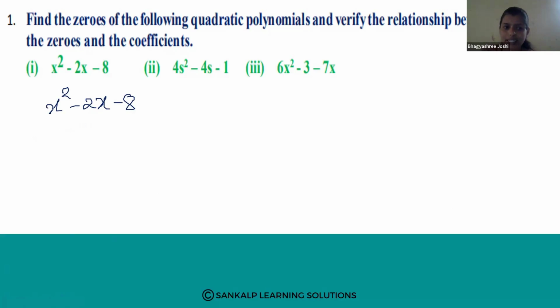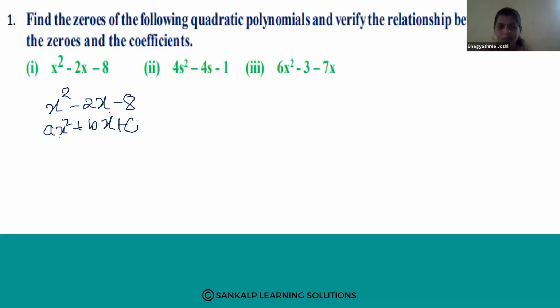Yes, dear children. So to find the factors, first check whether it is a quadratic polynomial. Yes, miss, it is a quadratic polynomial. Why? It is in the form ax square plus bx plus c, right? a means 1, b means minus 2, c means minus 8. Is that clear? It is a quadratic polynomial.